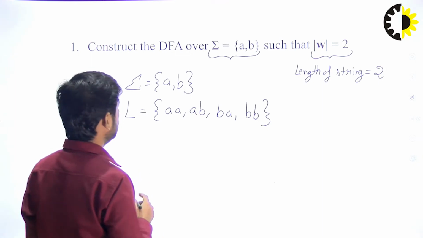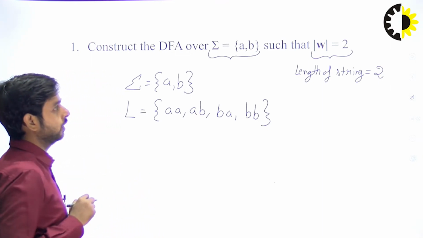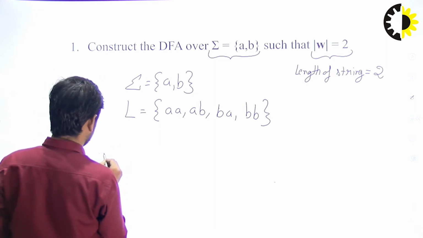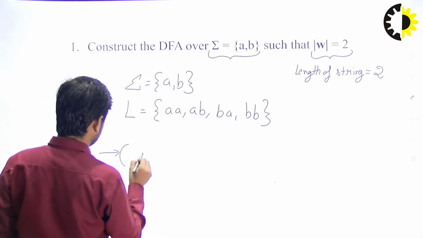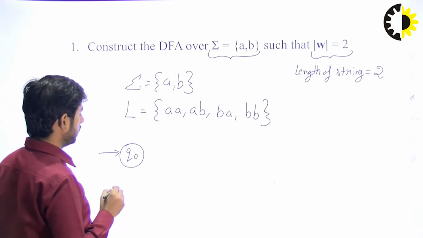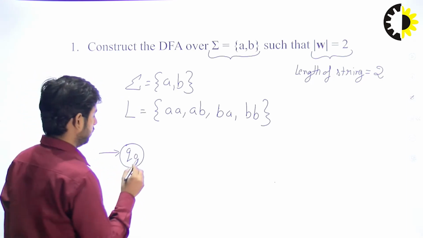Now we need to construct the DFA such that strings of length 2 will be accepted. We know that there is some initial state. So first of all, construct for strings of length 2.